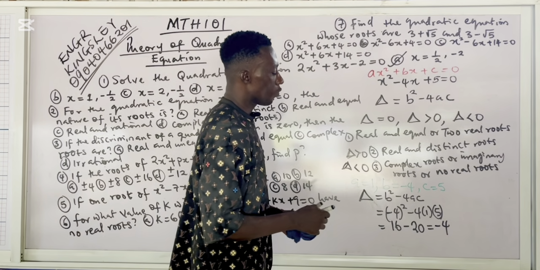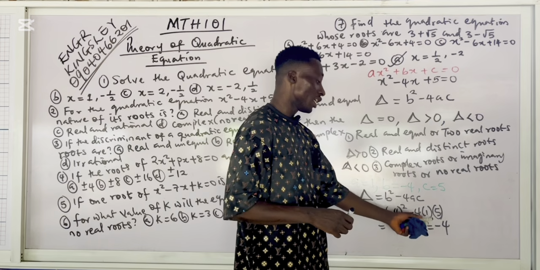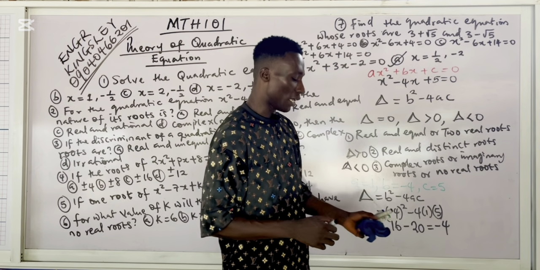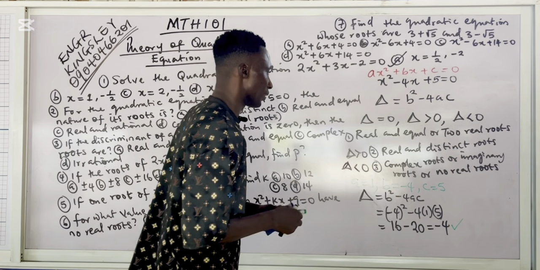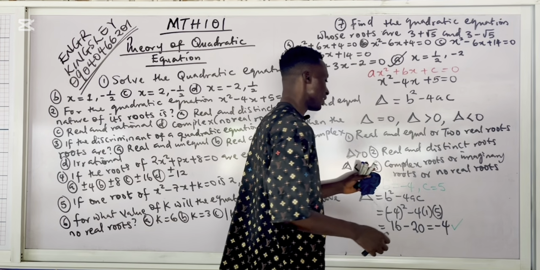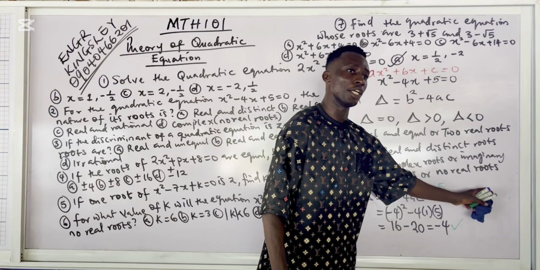So when you look at minus 4, is minus 4 equal to 0? No. Is minus 4 greater than 0? No. Is minus 4 less than 0? Yes. We will now conclude that for the discriminant to be less than 0, it is said to be either complex root, imaginary root, or no real root.